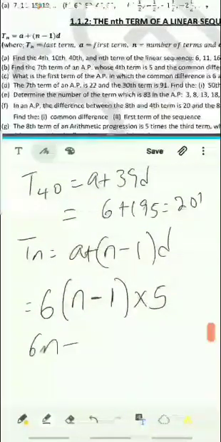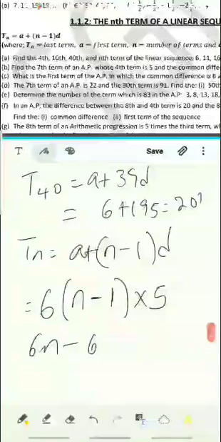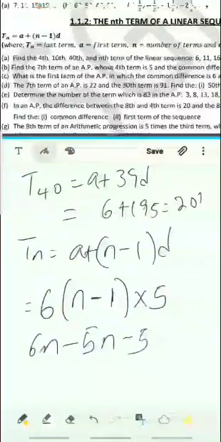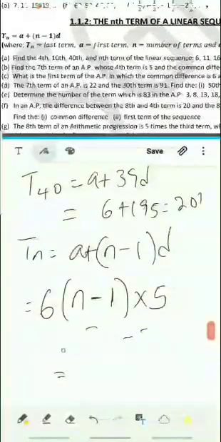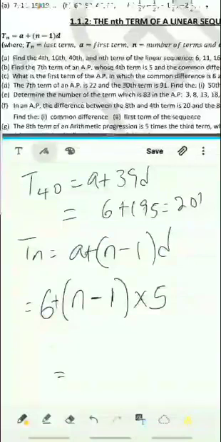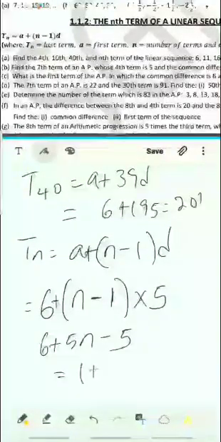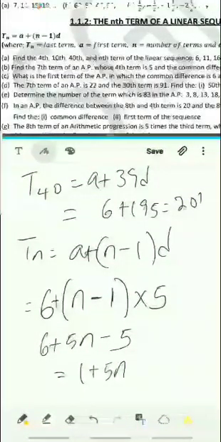When you expand this, you have 6 plus 5n minus 5. Sorry, the formula I used here was wrong. So this should give you 6 plus 5n minus 5, giving you 1 plus 5n. So that's that about that. We are done with number 1.